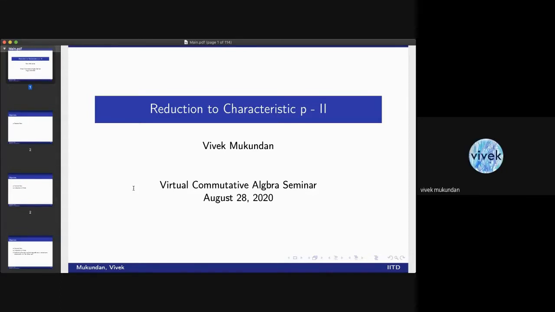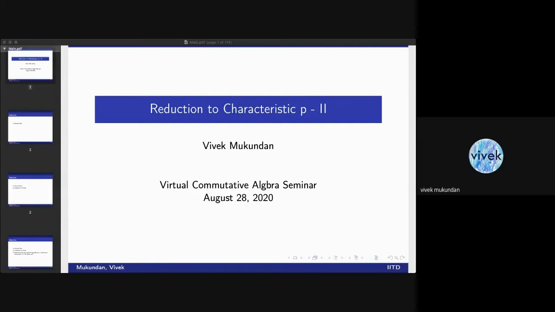So the second part. What we are planning to do here is give a very brief brush up of what we did on Tuesday and use those techniques to solve problems in reduction to characteristic P. I'm hoping that this talk is a little bit shorter than the one on Tuesday, because I'm also planning to do a little bit on the general case of a Noetherian ring containing a field, if time permits.